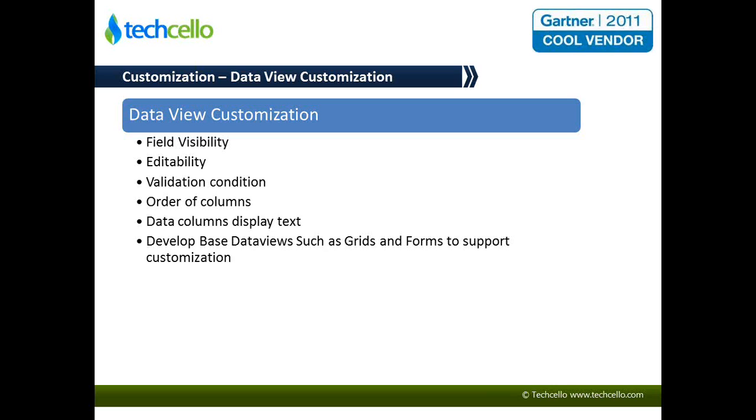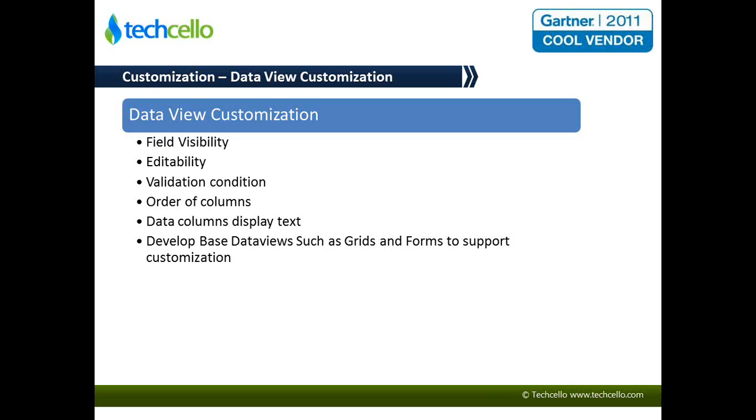The other customization that you would also require is to be able to manage the core fields in your forms or grids. Right? Assume you have 10 fields that are embedded in your form or grid. There could be a situation where customer A would want to call these fields differently.